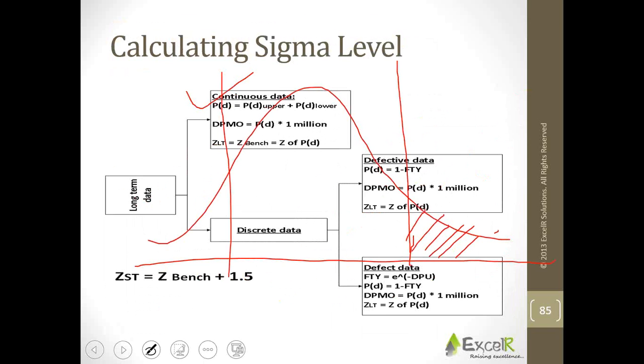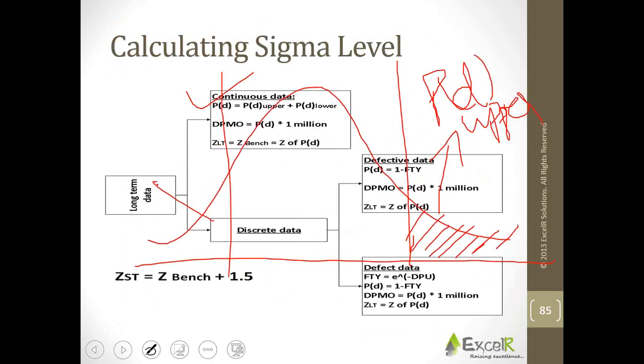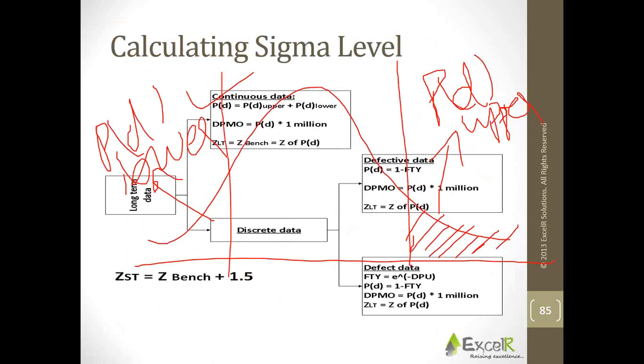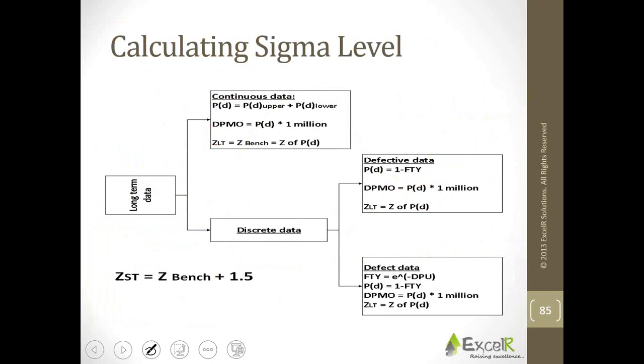This is the probability of upper. And this is the probability of lower. For continuous data, you do in this way, and then you calculate DPMO. DPMO is nothing but probability of a point multiplied by 1 million opportunities.